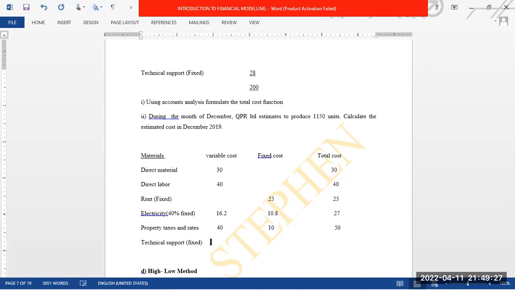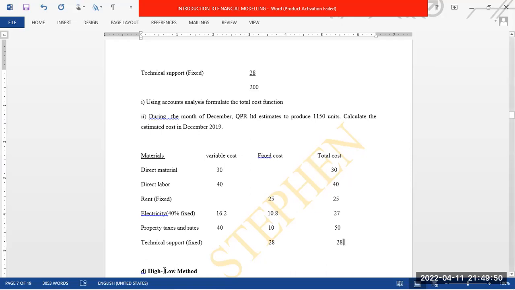So that one will give us fixed cost. In variable cost we have nothing, but in fixed cost we are supposed to have 28. Then the total should be 28.